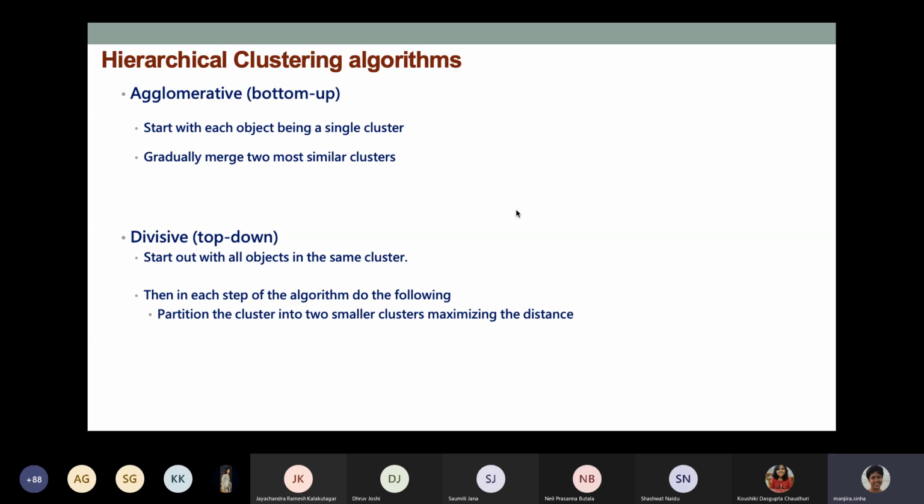And as the name suggests, we gradually merge two nodes, make one cluster, and go up. That is why it is called agglomerative, because we are grouping from bottom to up the nodes into different clusters or subsets.